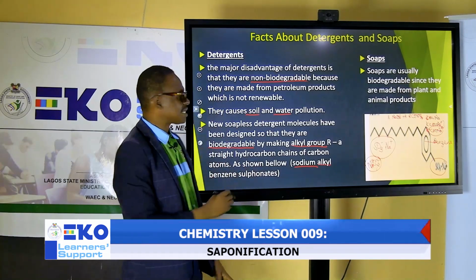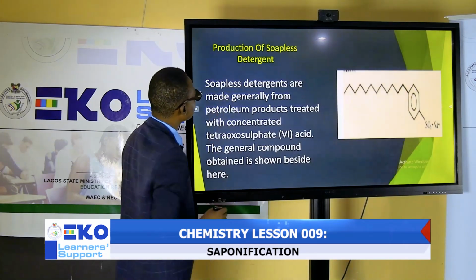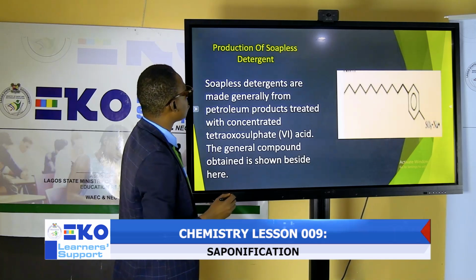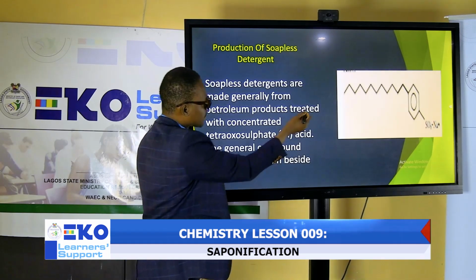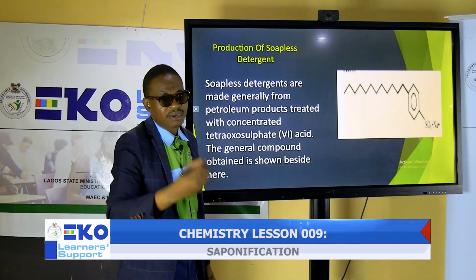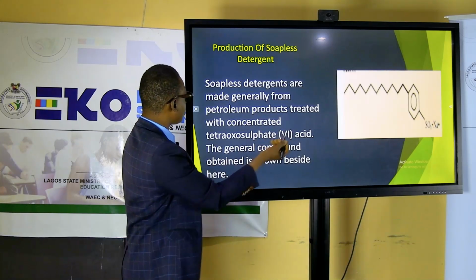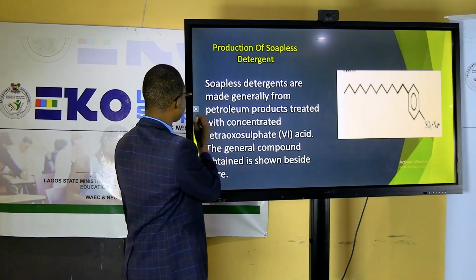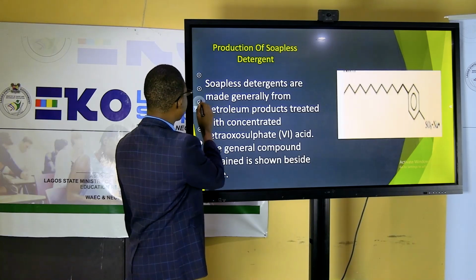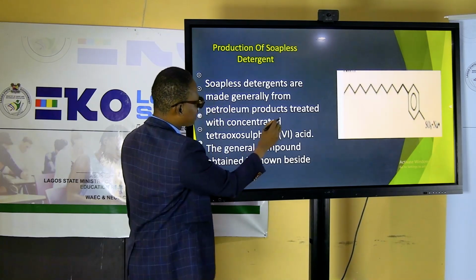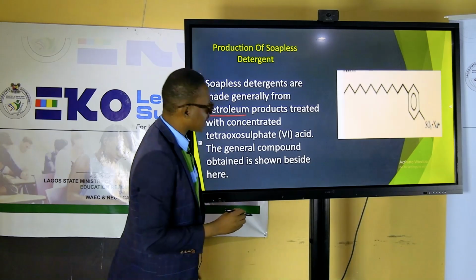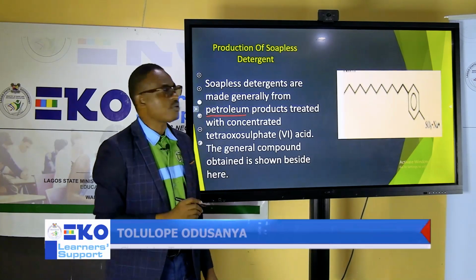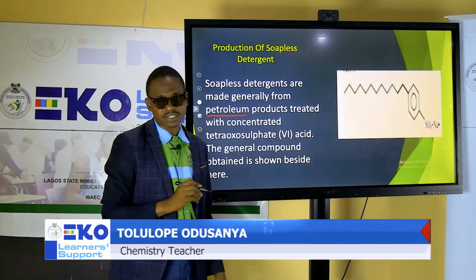So let's go to the next slide. Now the production of soapless detergent. How it is being produced. Remember I've told you, they are made generally from petroleum products.